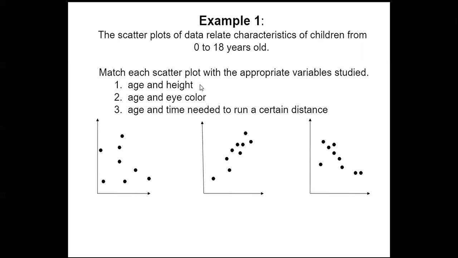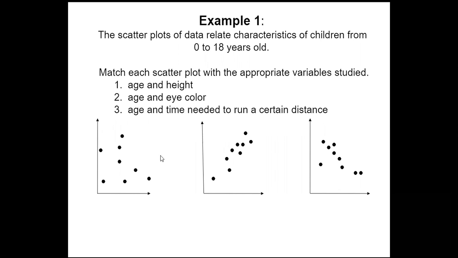Age and height, age and eye color, age and time needed to run a certain distance. Age and height: will it be no correlation, positive correlation, or negative correlation? Think.